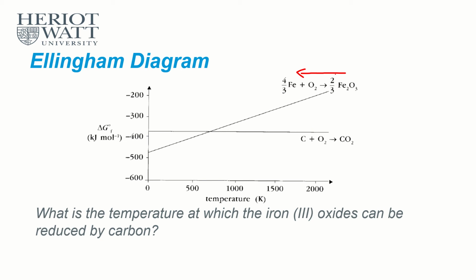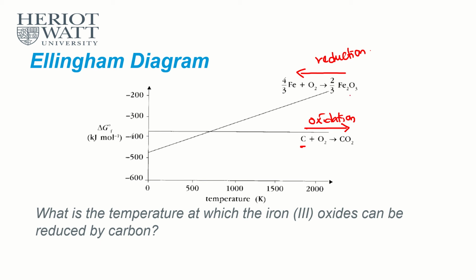And if this equation is going backward for reduction, what happens to the other equation involving carbon? Carbon is a reducing agent, so this equation should be going forward, which indicates oxidation, because a reducing agent must undergo oxidation.